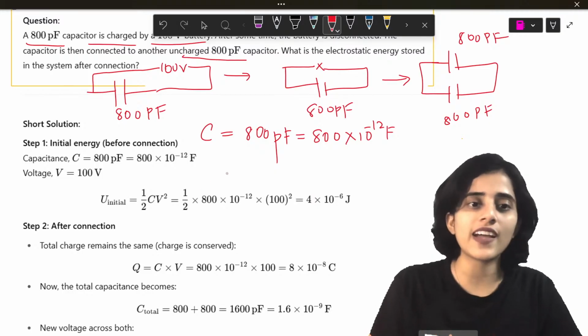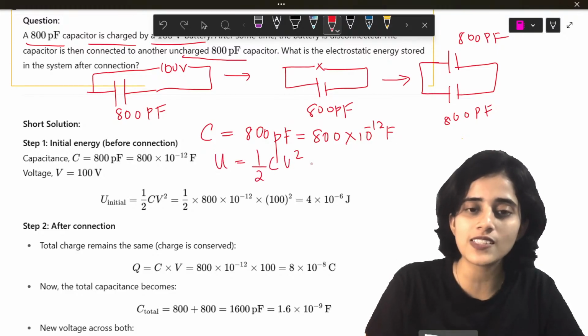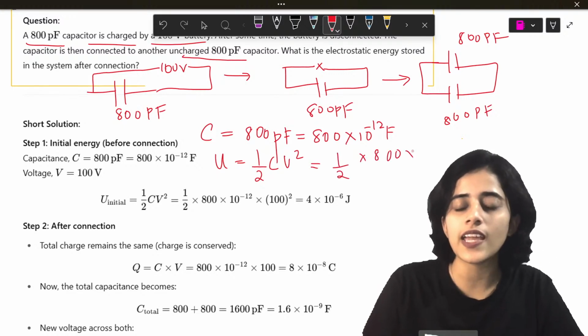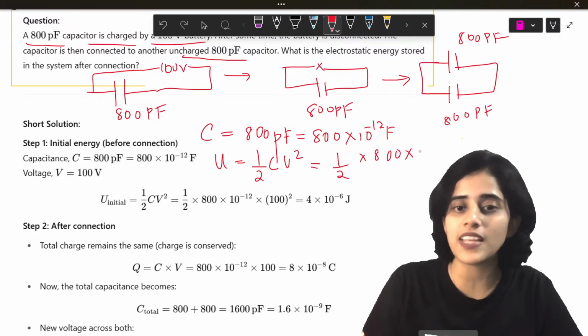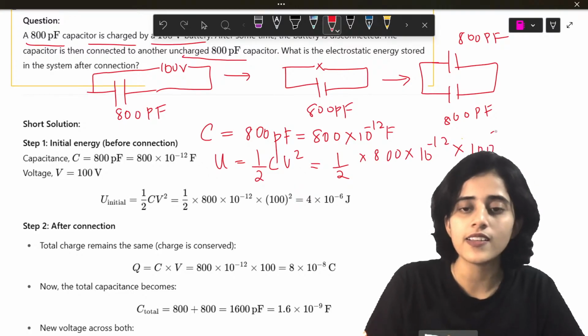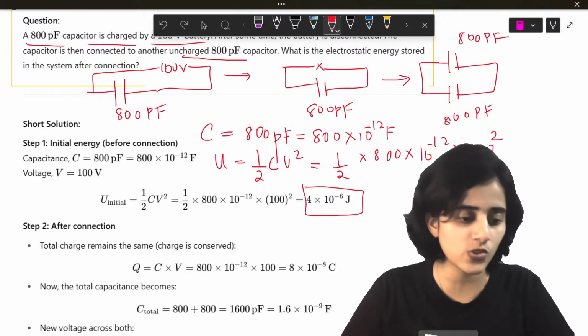So, let's find out the initial U. U is half CV square, which is half into 800 into 10 raised to minus 12 into 100 square. Voltage square, you will get 4 into 10 raised to minus 6 joules.